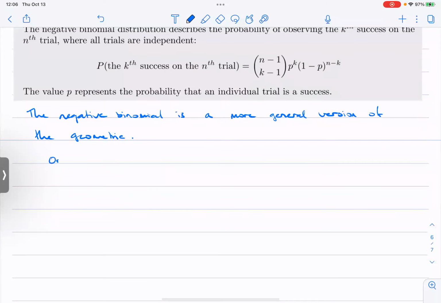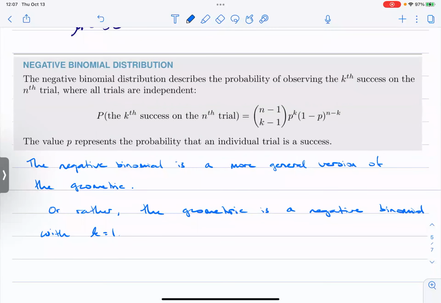Or rather, the geometric is a negative binomial with k equal to 1. The first success on the nth trial, that's the geometric.